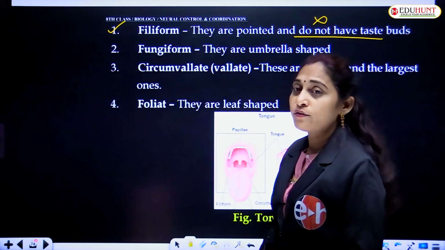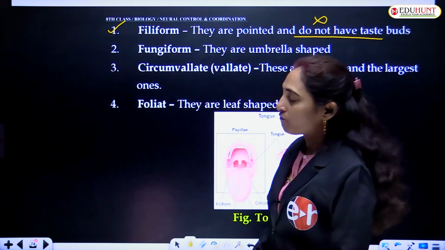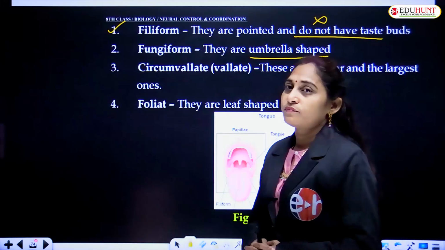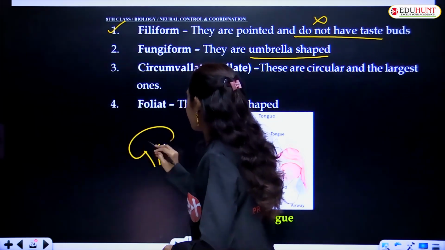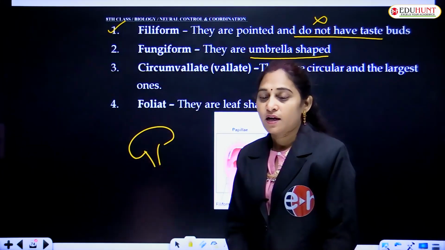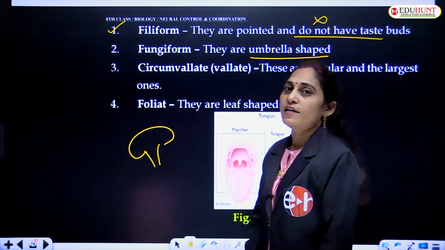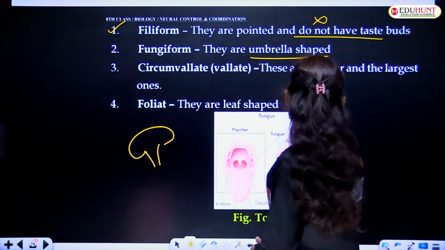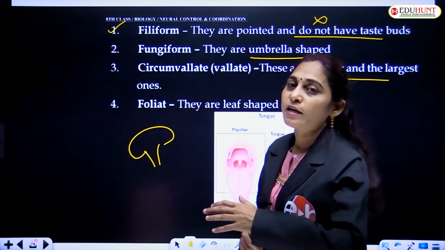In which kind of papillae? That is filiform papillae. And second is the fungiform papillae. These are umbrella shaped, like mushrooms, and that is why they were named fungiform papillae. Circumvallate or vallate papillae are circular and the largest among the different types of papillae.